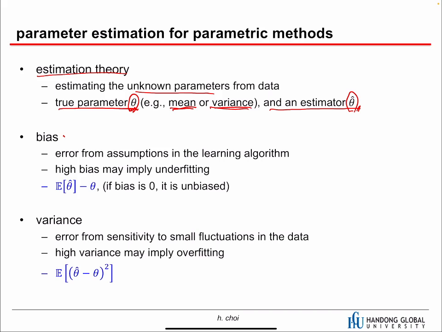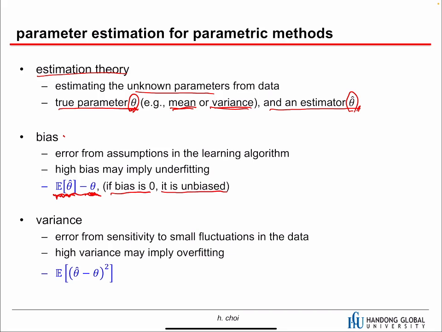The bias is an error from assumptions in the learning algorithm. If bias is high, it means the model is underfitting. The bias is defined in this way. This one is the expectation of the estimator, and this one is the true parameter. If the bias is 0, then it is unbiased. If bias is not 0, then it is biased.